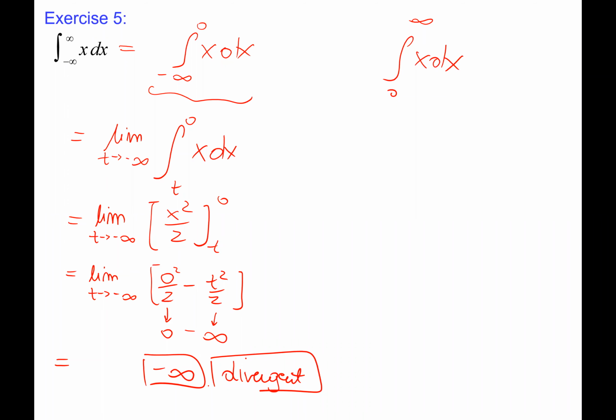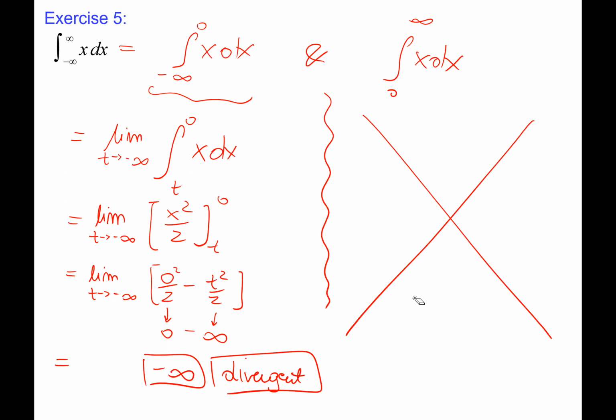Okay, the integral is divergent. That means now I'm not even allowed to put the equal sign between them. I will not even bother to calculate the other one. You may probably guess that you will get infinity too, but since one of them is divergent, the entire integral is divergent. I'm trying to tell you that we can, of course, save our time, but that's the concept.